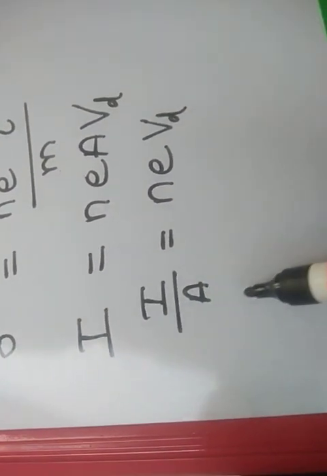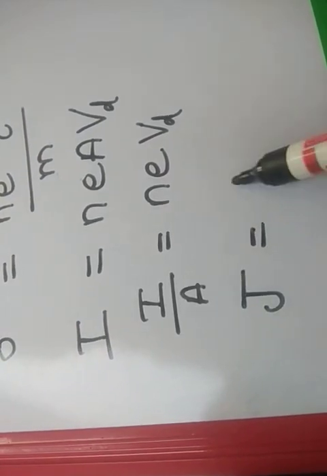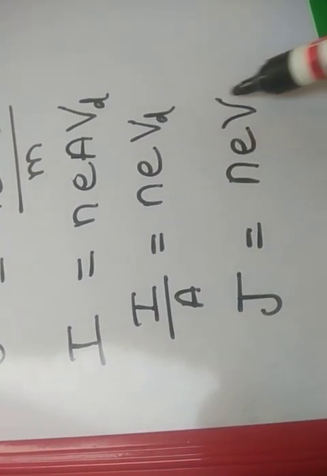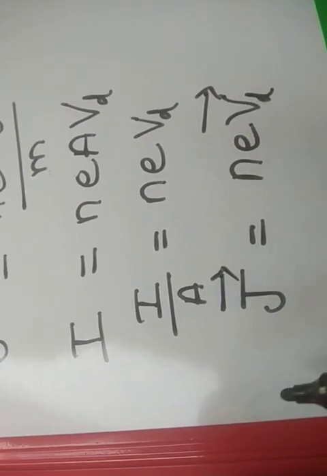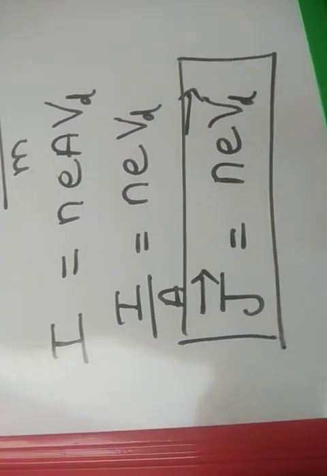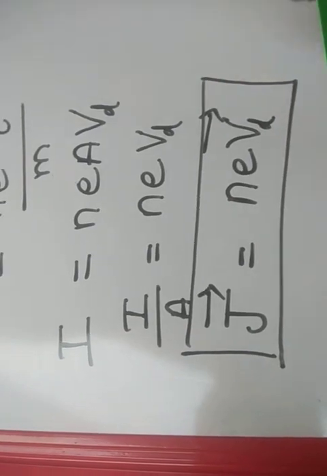Then this is the current density J. J is equal to neVd. The velocity is a vector and the current density is a vector. So this is the relation between current and drift velocity, or current density and drift velocity.